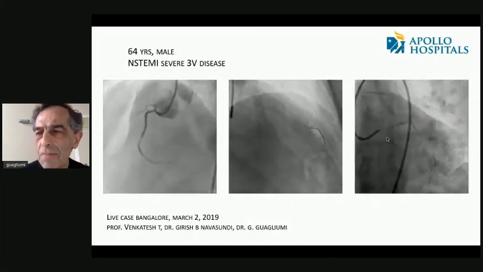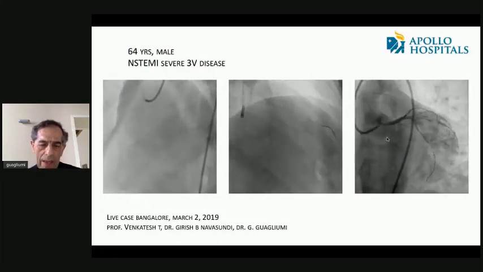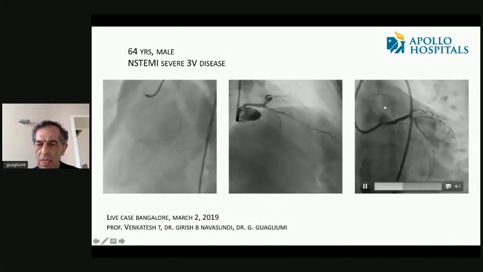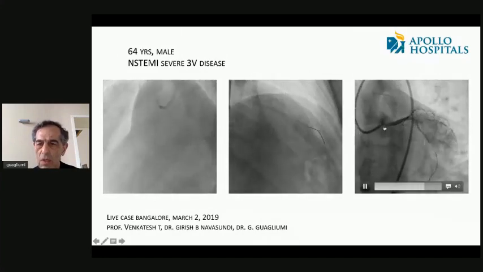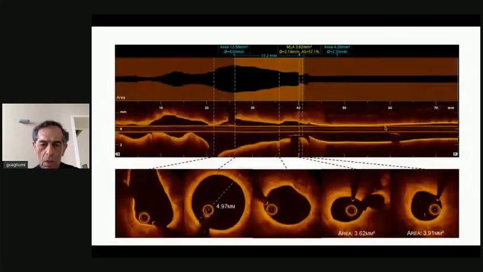This is one exception. I did it with a friend at the Apollo Hospital in Bangalore last year. Here you can see diffuse vessel disease involving also the ostium of the left main in LAO. What to do here is what was done. We were seating the catheter gently really at the ostium.